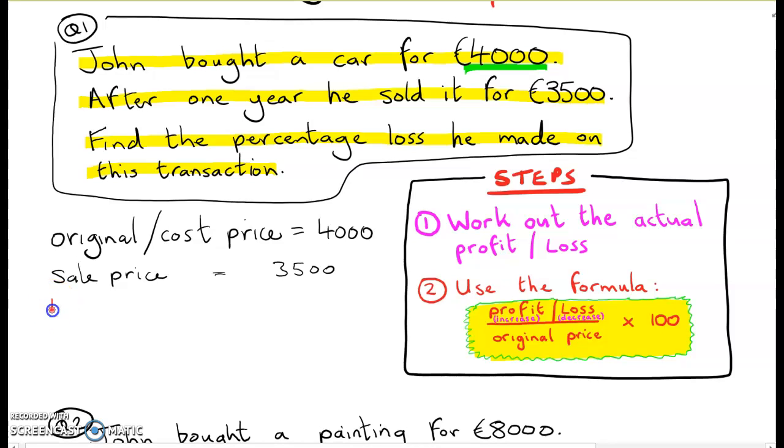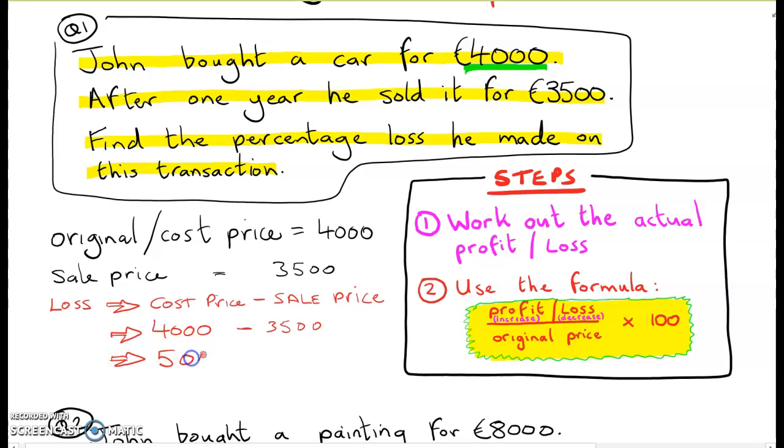But if I wanted to figure out how to do it specifically, the loss is the cost price minus the sale price. That's how you do the actual loss officially. So you'd say 4,000, because that's the cost price, take away the sale price, 3,500. So the loss is €500.